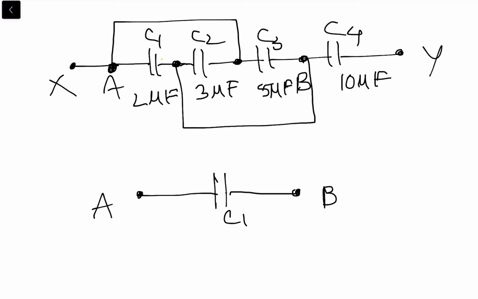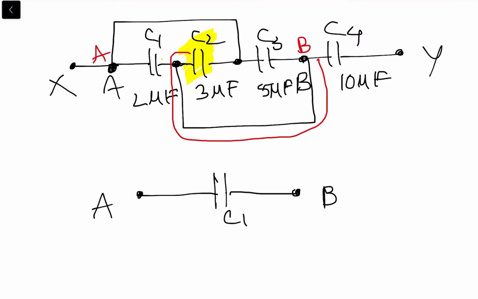Now, next select the second one, that is the C2 capacitor. Look at that one. The left plate is connected to this junction, but that point is nothing but connected to the point B. Yes or no?